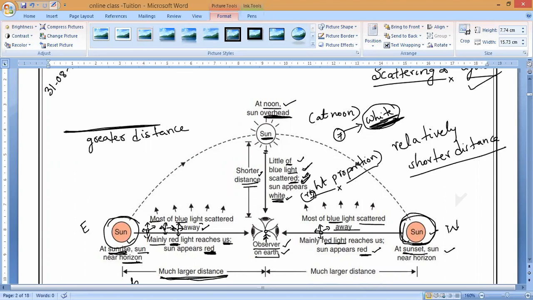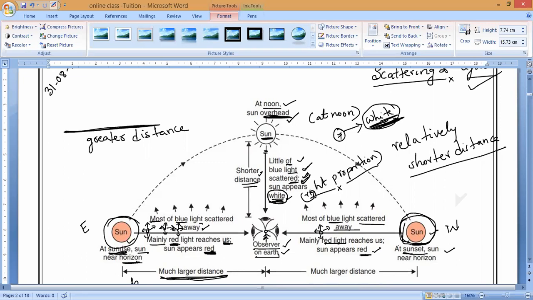But here, because of the shorter journey, so shorter distance, so little blue light is scattered, and the remaining blue light along with all the colors is sufficient to form white light. That is why the sun appears to be white when overhead at noon time, but during sunrise and sunset it appears to be red in color.